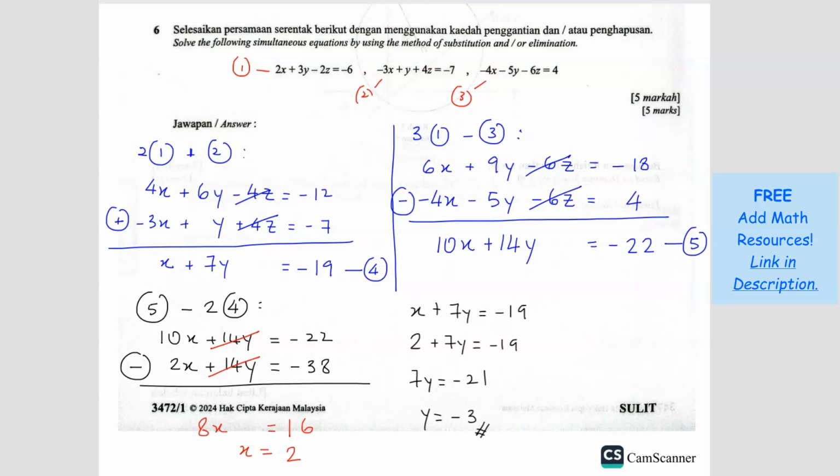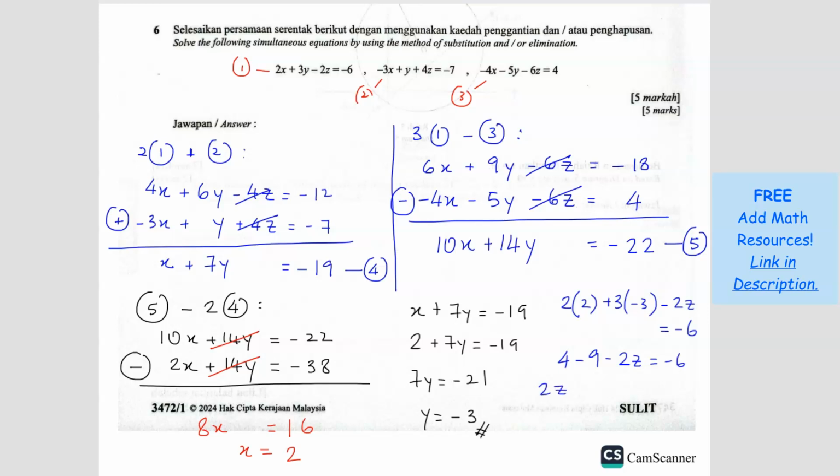We have already found the y value. Now we can do z. It's up to you which of the original equations you want to use. Let's take the first one. 2x, x is 2, so 2 times 2 plus 3y, y is negative 3, minus 2z equals negative 6. 2 times 2 is 4, so I get 4 minus 9 minus 2z equals negative 6.